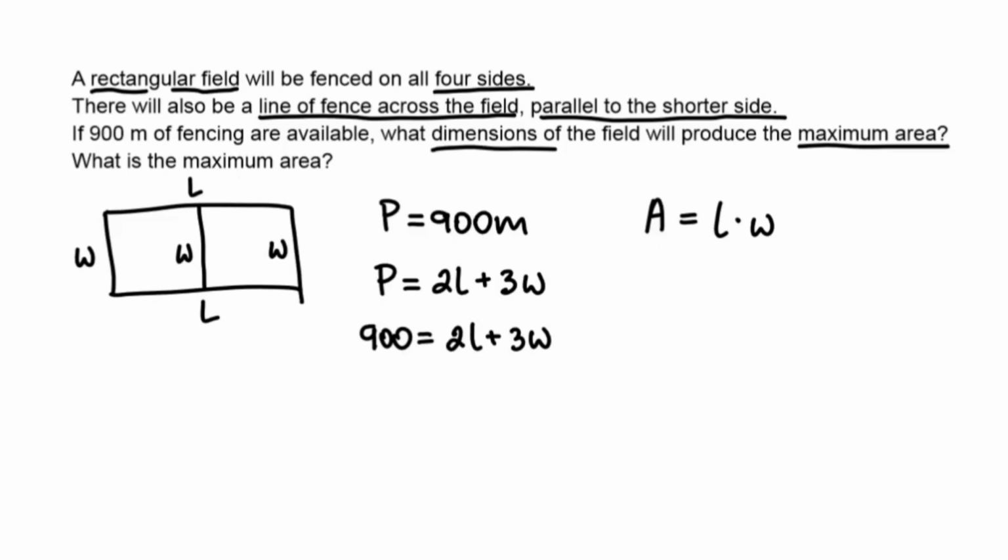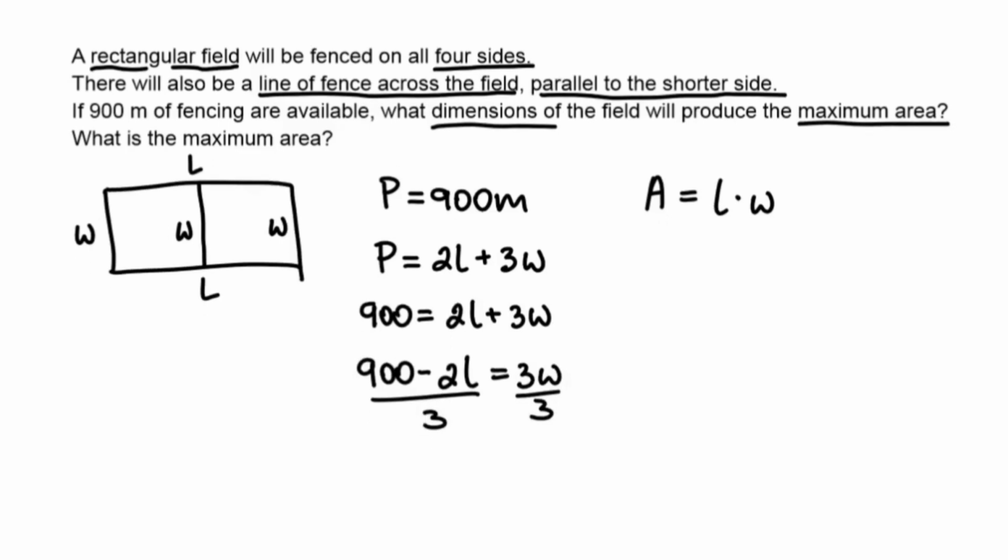So from here, I'll get 900 minus 2L equals 3W. And then we're going to divide by 3 on both sides. And then W will equal (900 minus 2L) over 3.